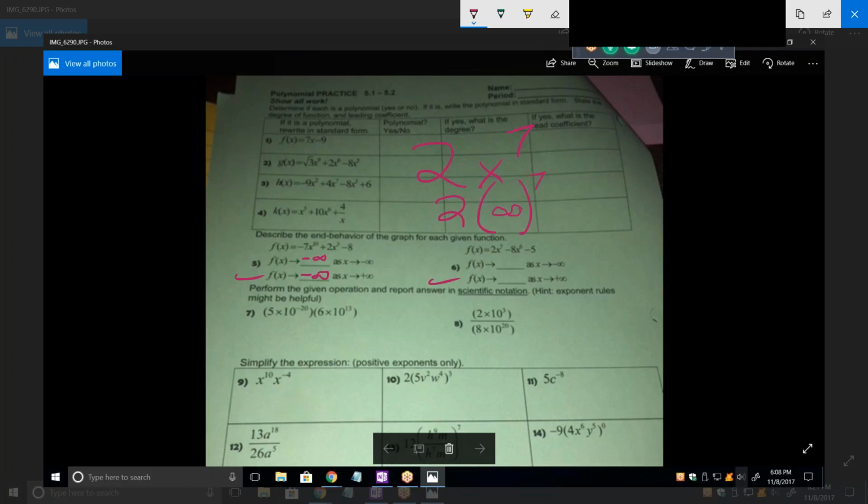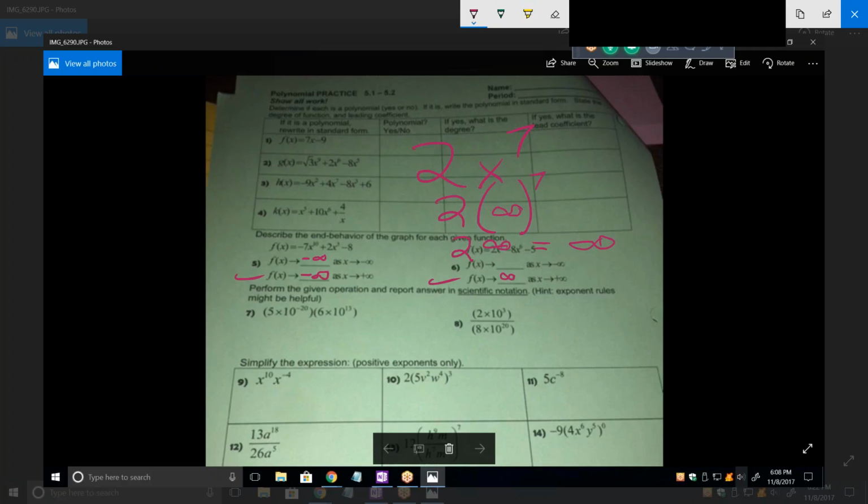Now, with positive infinity, already it's easier. We don't have to care. In other words, that's never going to turn negative. So we now have 2 times infinity, which is infinity. So we know that the right-hand end behavior is positive.